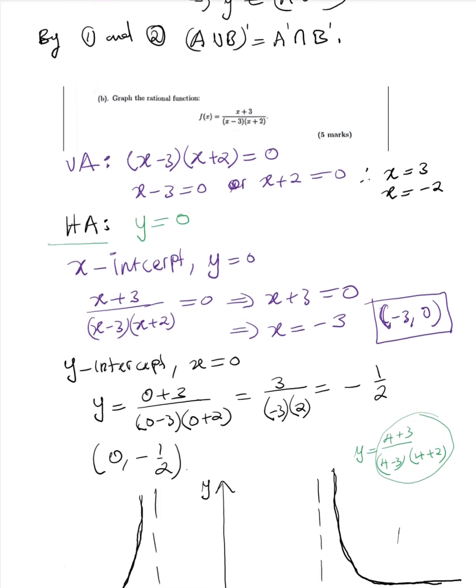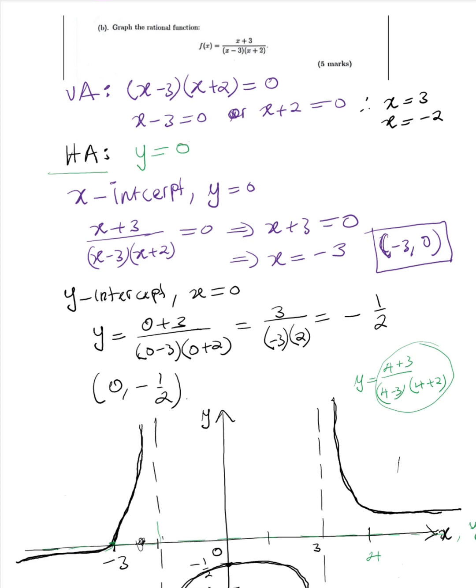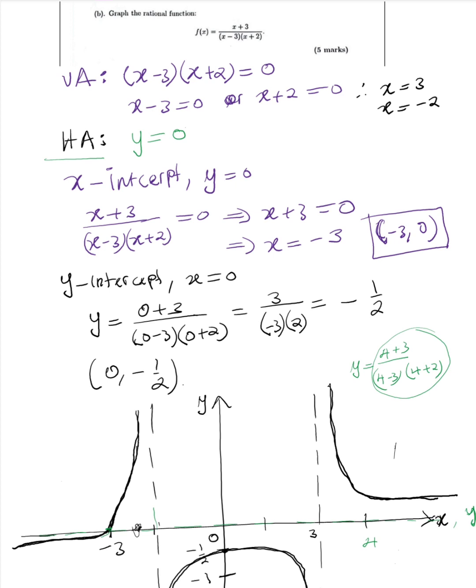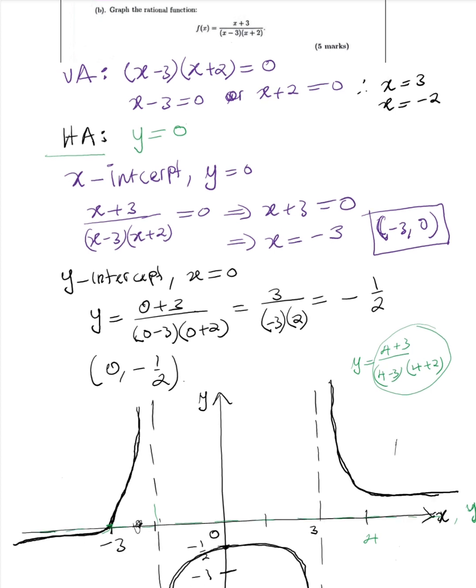The next problem deals with how to sketch the graph of a rational function. Now, a rational function is just a function that is a ratio of two polynomials. So the numerator is a polynomial and the denominator is a polynomial. The first task is to find the vertical asymptote by equating the denominator to 0 and solving for x. Then you find the horizontal asymptote.